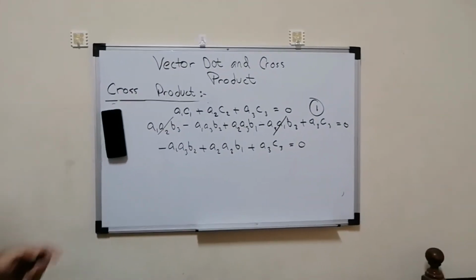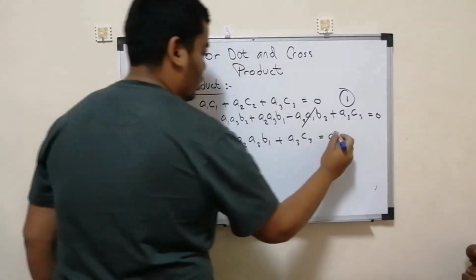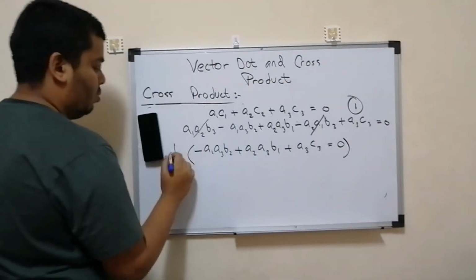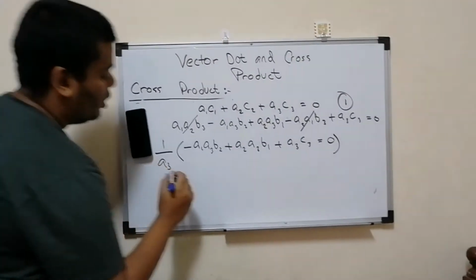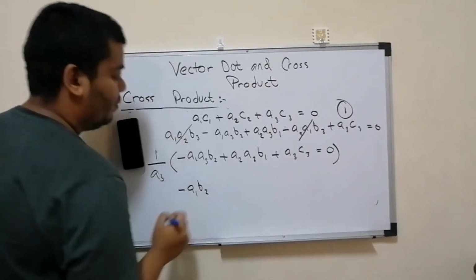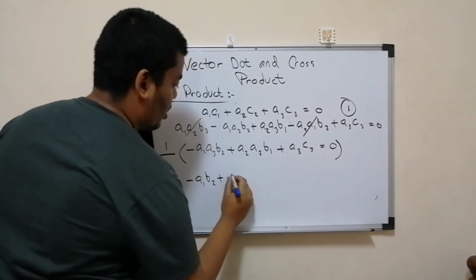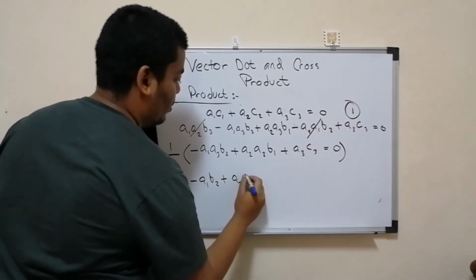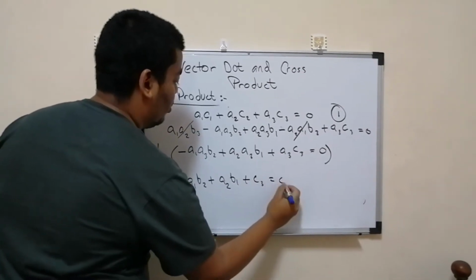Now we can multiply the entire equation by 1 upon A3. That will leave us with negative A1 B2 plus A2 B1 plus C3 is equal to 0.